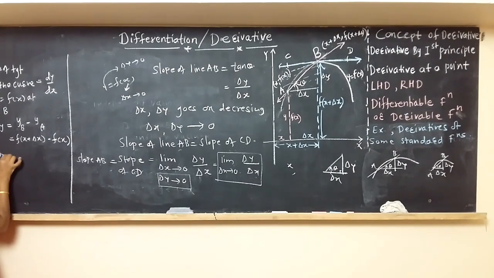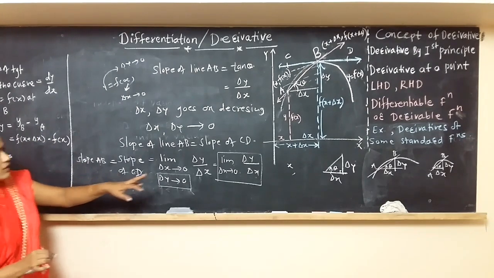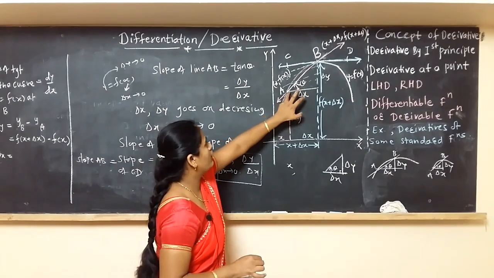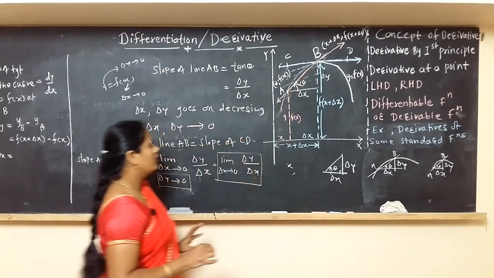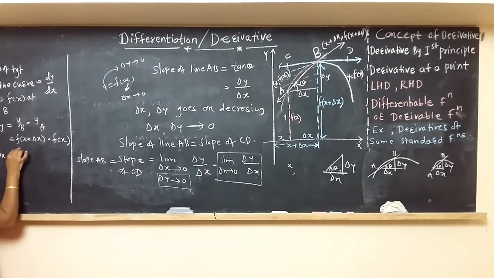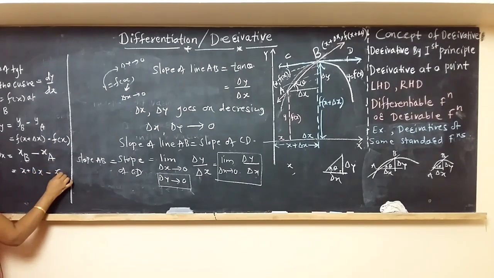Again we find delta x as the change in x. Change in x means the x coordinate of point B minus the x coordinate of point A. That means x plus delta x minus x.